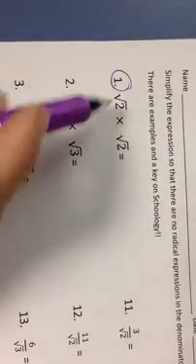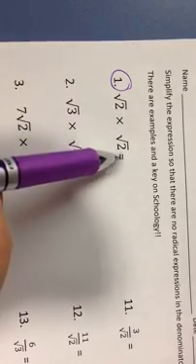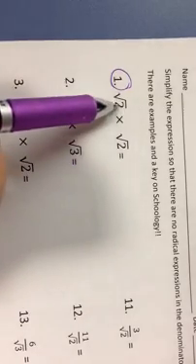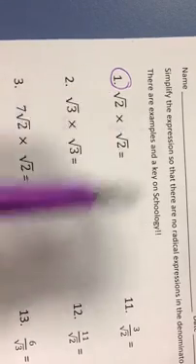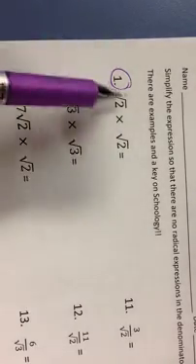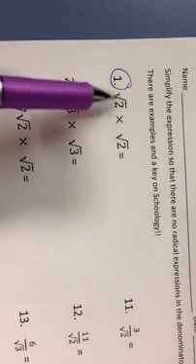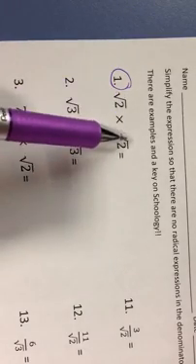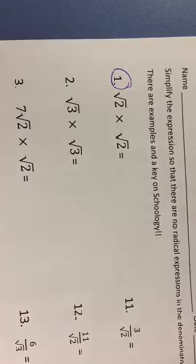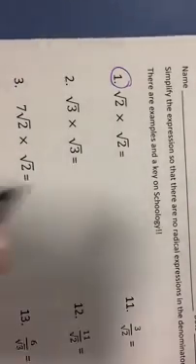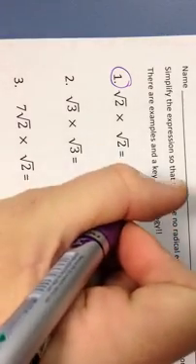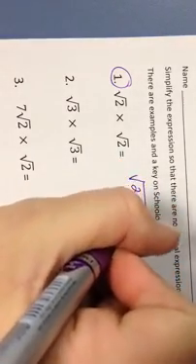So remember that when you're just multiplying two radicals, it doesn't matter if what is under the radical symbol is the same, as long as they have the same index. And all of these are square roots, so they all have an index of 2, which you remember from algebra, we usually don't write. So if I'm going to multiply the square root of 2 times the square root of 2, I can just multiply what's under the radical.